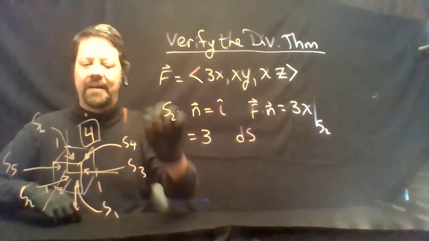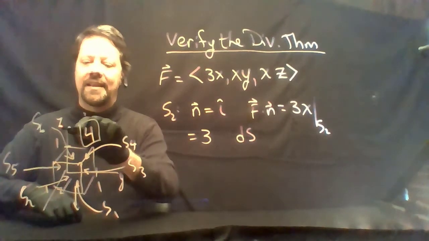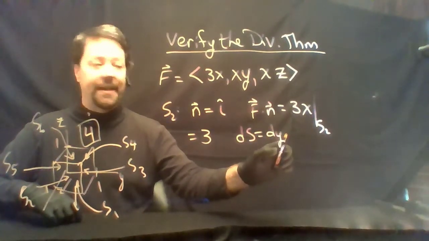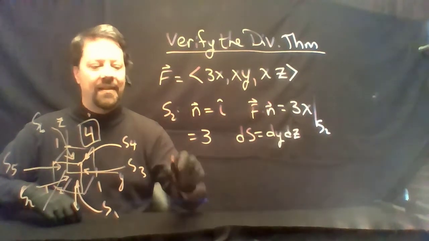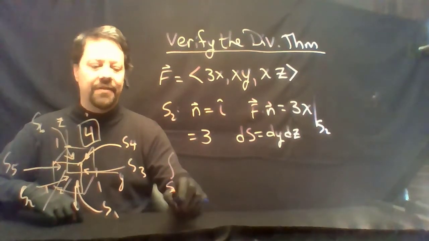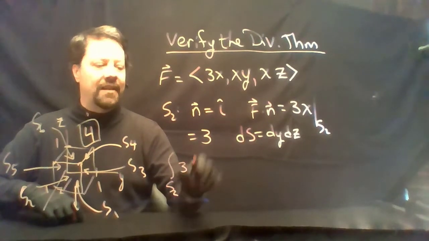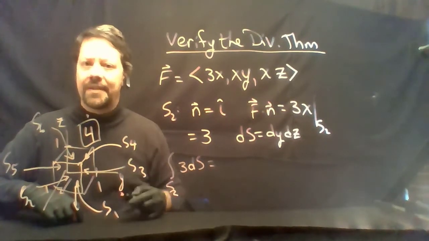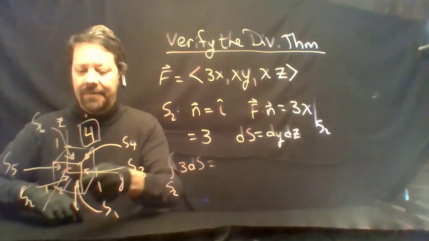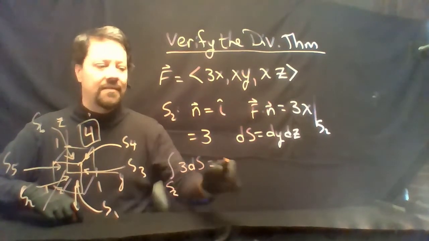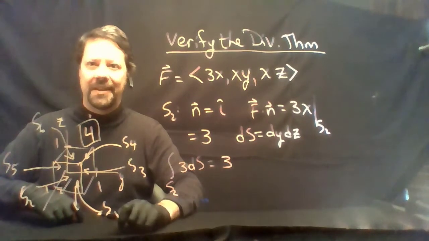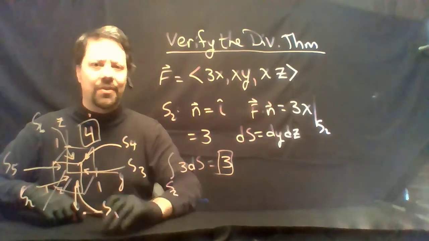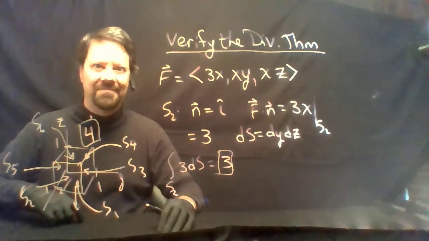Surface 2 is parallel to the yz plane. Its surface element will be dy dz. So we'll be integrating over surface 2, 3 times its surface element. That's 3 times the surface area. The surface area of the face S2 is 1, so the answer there is 3. That gives us a running total so far of 3.